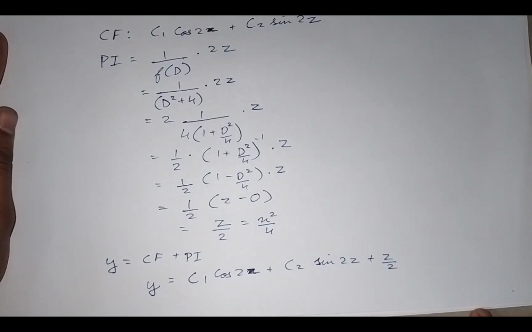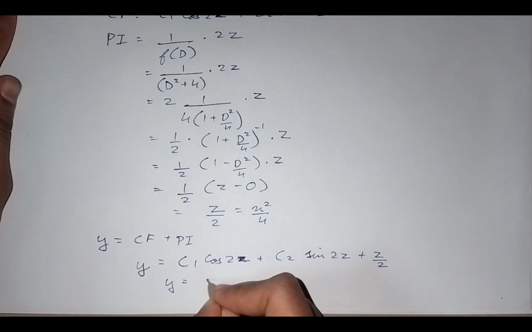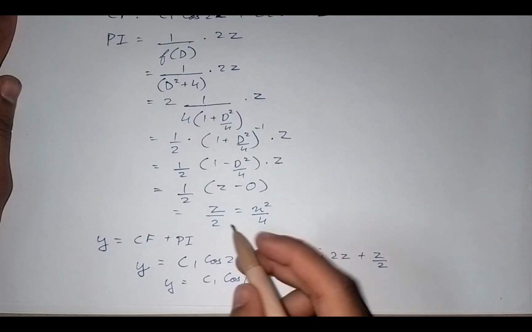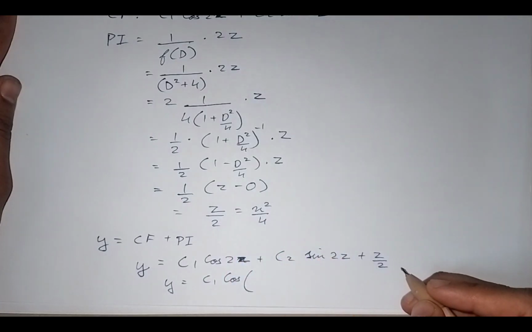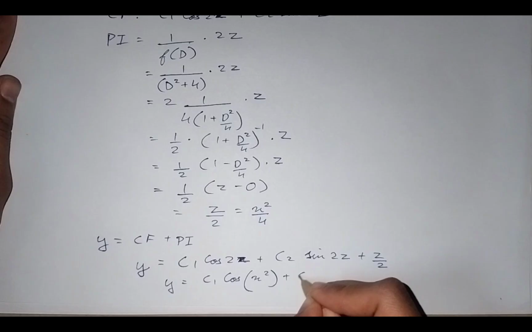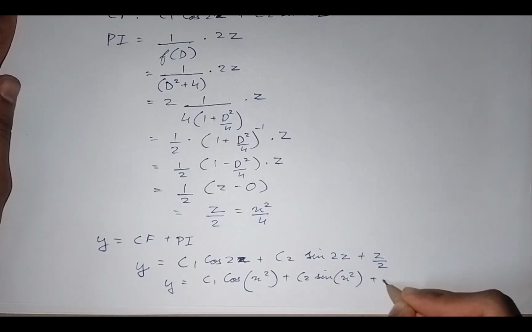Now this can be written in terms of x, where z is equal to x square by 2. So it will become y is equal to c1 cos of x square plus c2 sin of x square plus x square by 4.